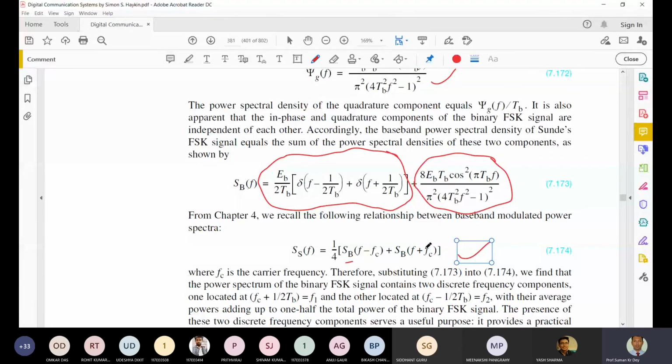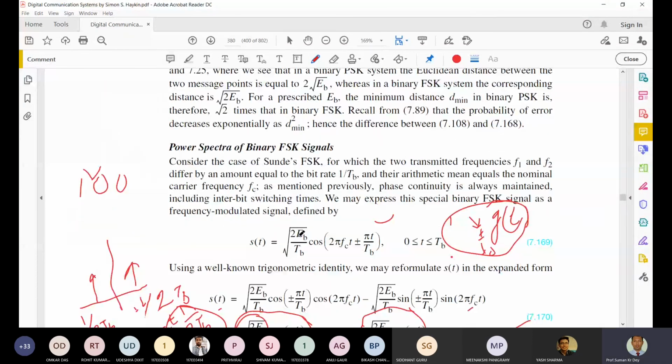Now if we substitute this value in this expression, that means this is the SB. If we put f minus fc over there and solve it, are you getting this point? Now if we want to calculate the power spectrum density for a baseband modulated signal, at the beginning we considered s(t), which is a frequency modulated signal.